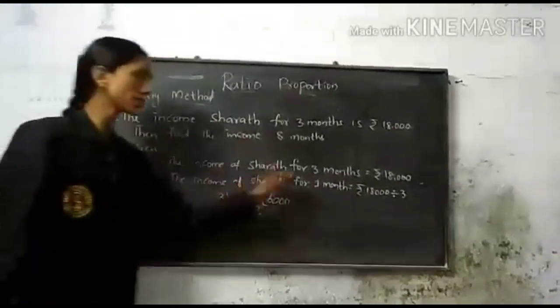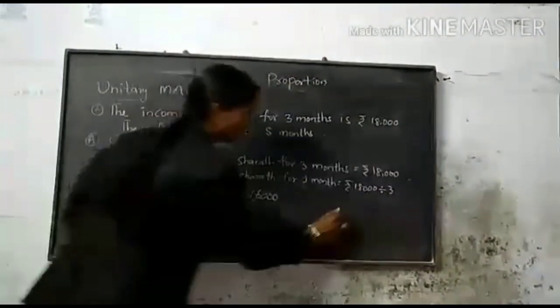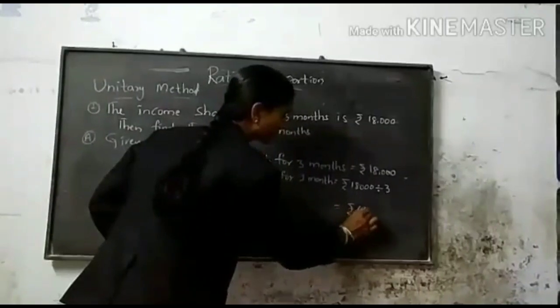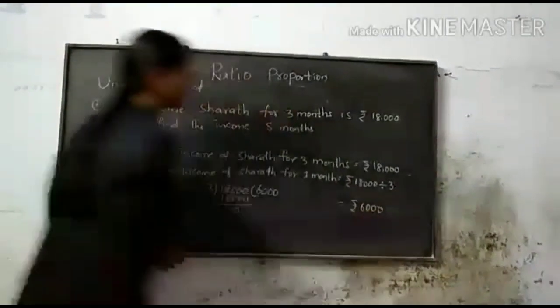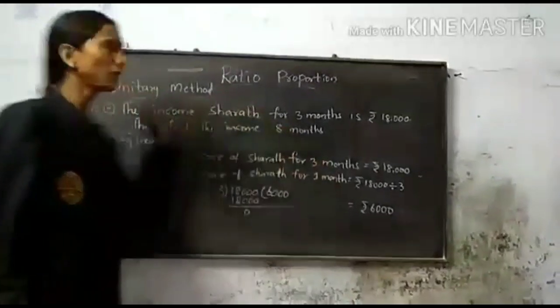So the income of Sharat for 1 month is equal to 6,000. The answer is 6,000.